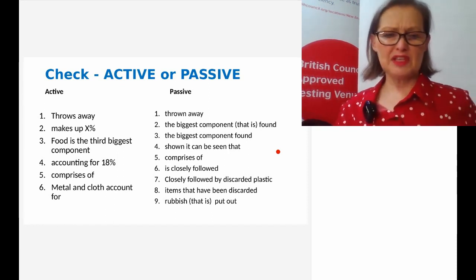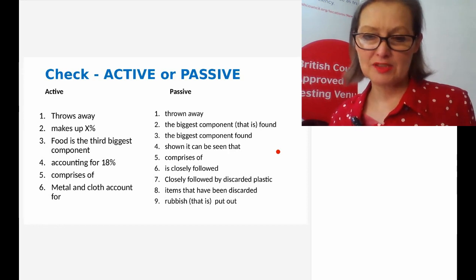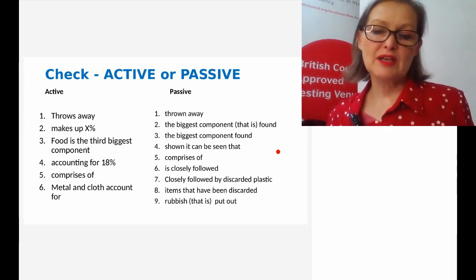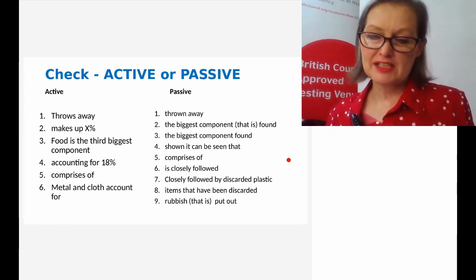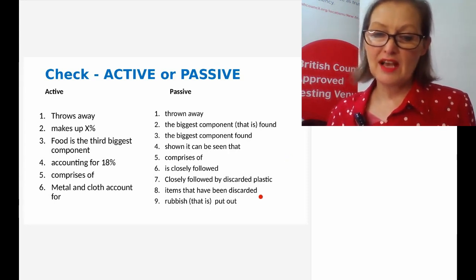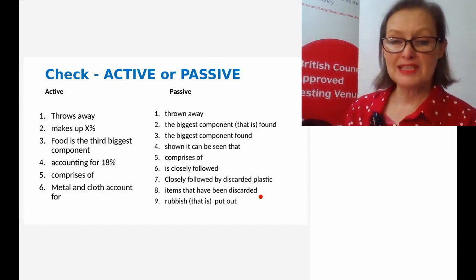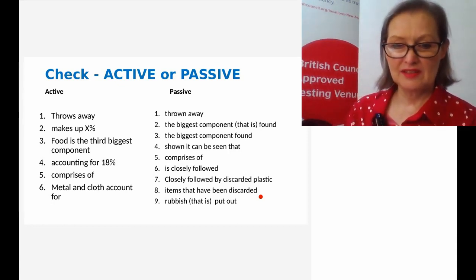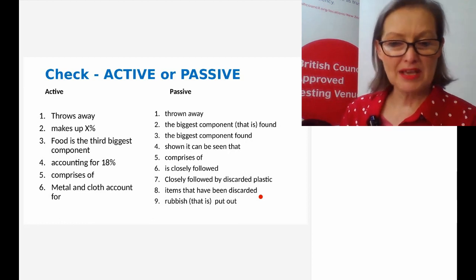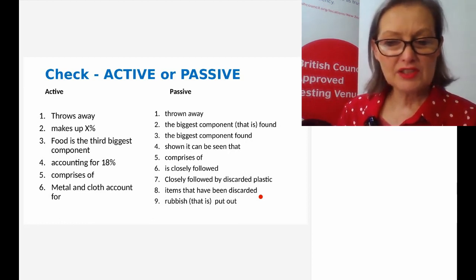Is comprised of, is closely followed by. Now have a look at this one. These were actually highlighted, but my slides are being corrupted. Closely followed by discarded plastic. And in sentence number 8, items that have been discarded. So in sentence number 8, have a look at the tense.